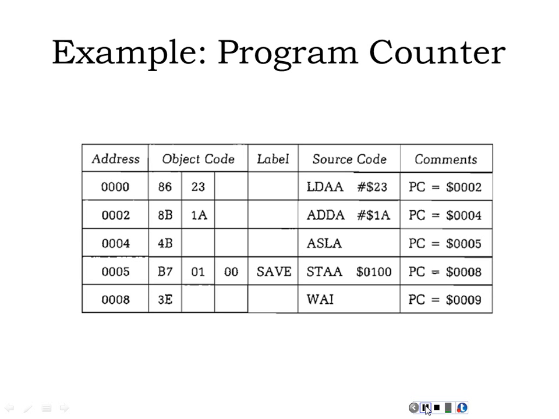In the third line, the PC is 0005, which is the address of the 4th line. See, the starting of the 4th line is 5, right? So when you are in some line, the PC register, the program counter register, holds the address of the next line.